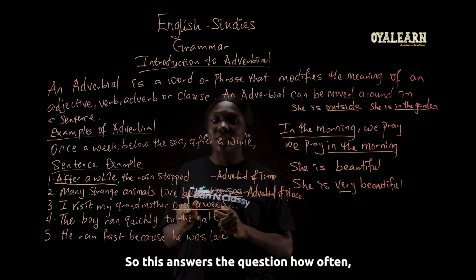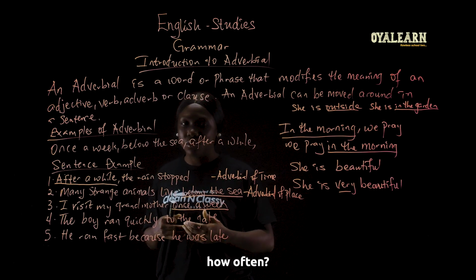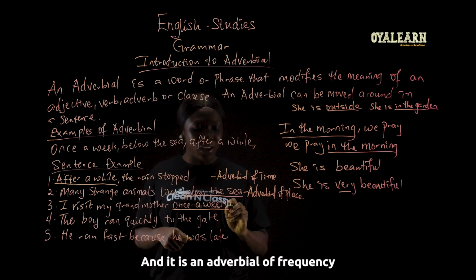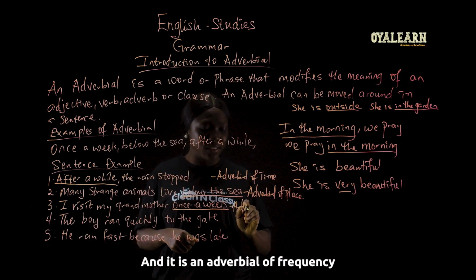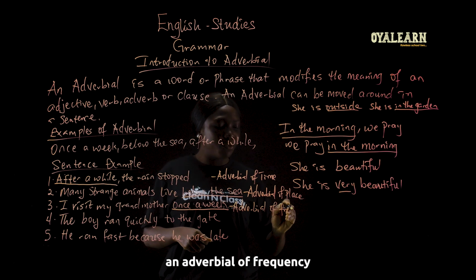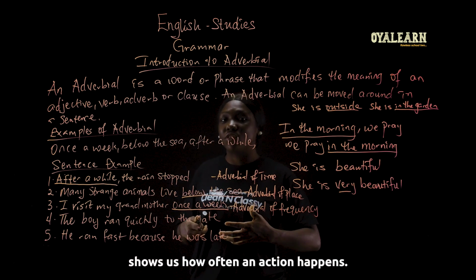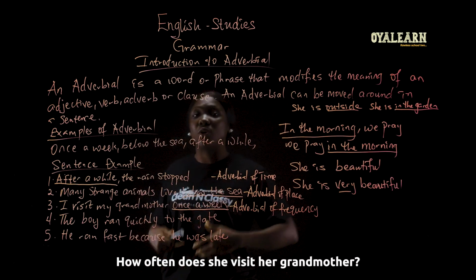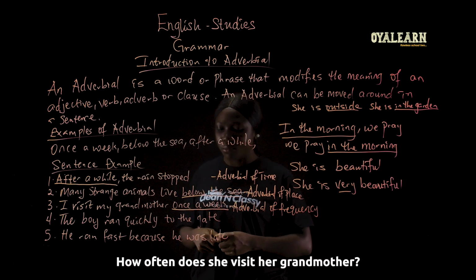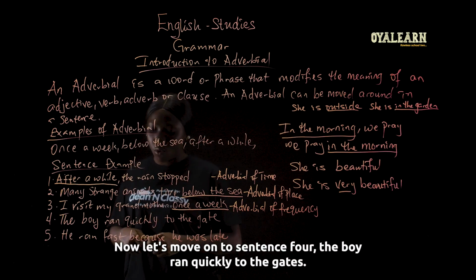So this answers the question how often? And it is an adverbial of frequency. An adverbial of frequency shows us how often an action happens. How often does she visit her grandmother? Once a week.